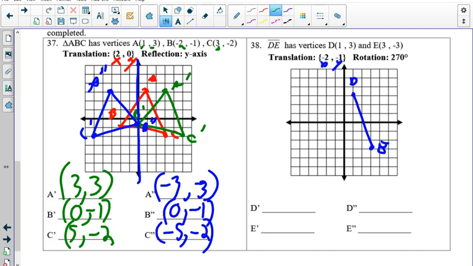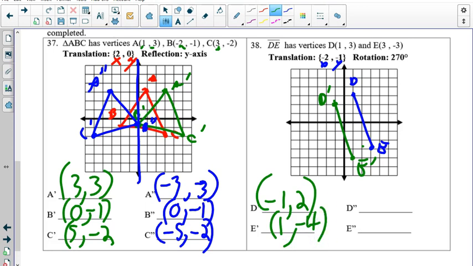So left 2, down 1. So here's D prime, and here's E prime. And then it's going to rotate 270 degrees. So let's write those down first. D prime is negative 1, positive 2. E prime is positive 1, negative 1.